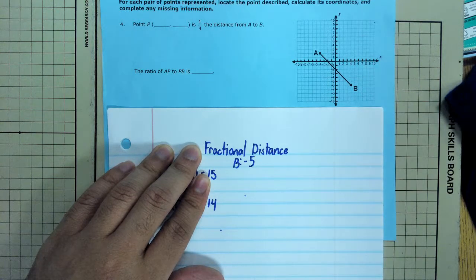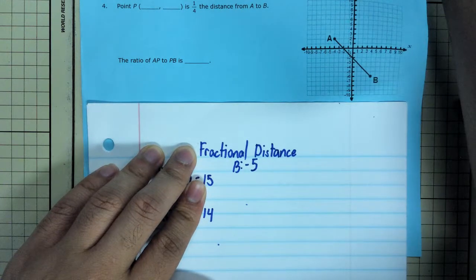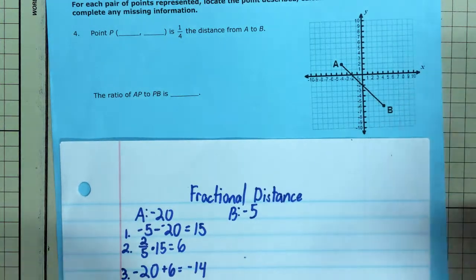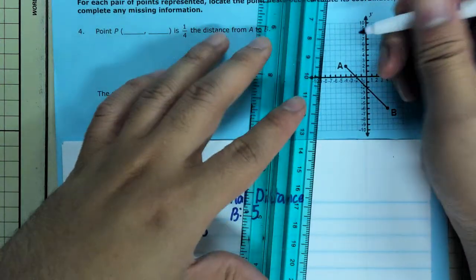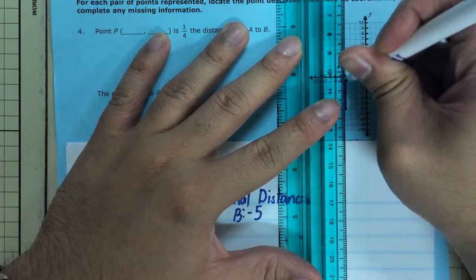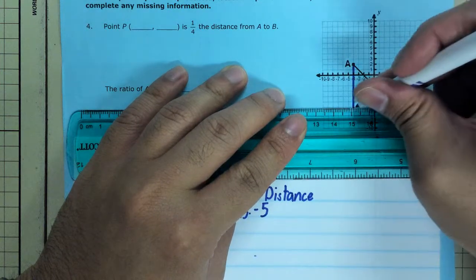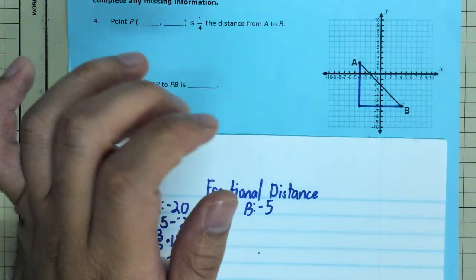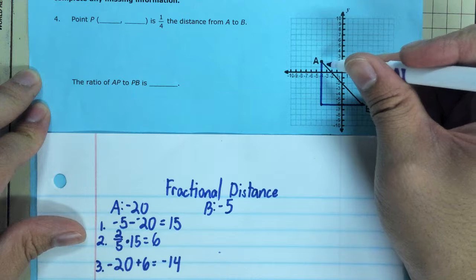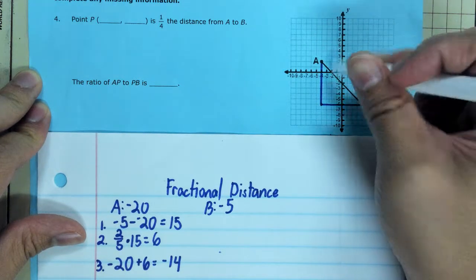So what we have to do when we're working with X and Y, let me zoom in a bit, is draw a right triangle. And that right triangle will help us figure things out. Now that I have my right triangle, what we can do next is look at the X distance and the Y distance.